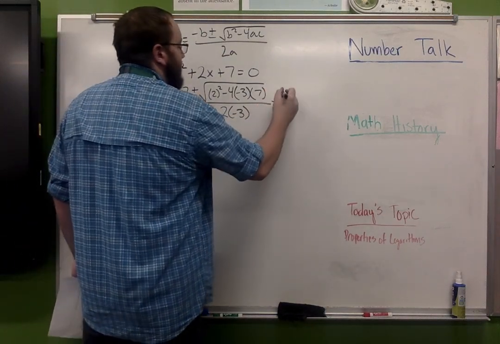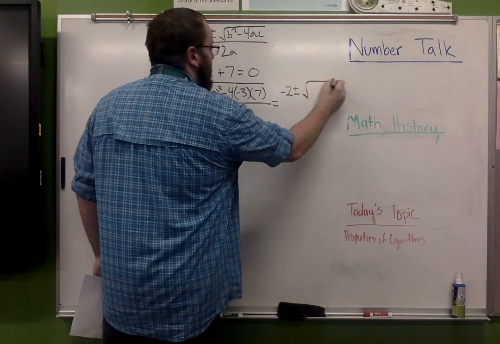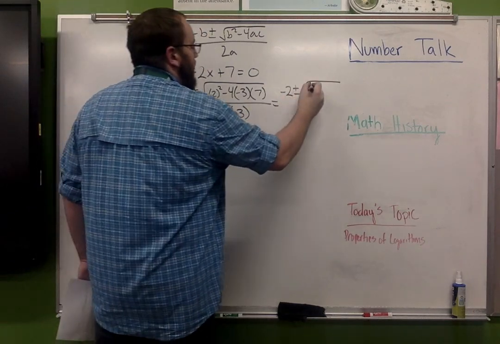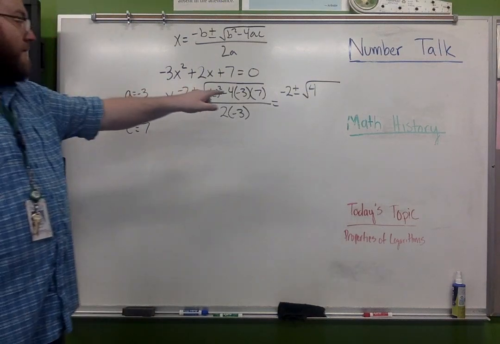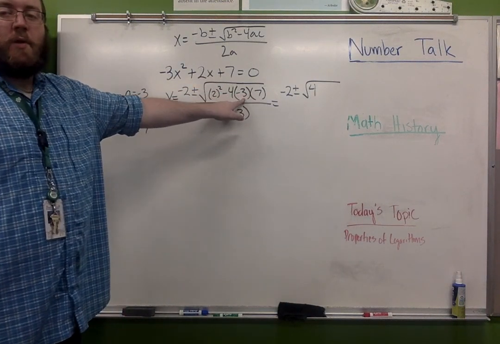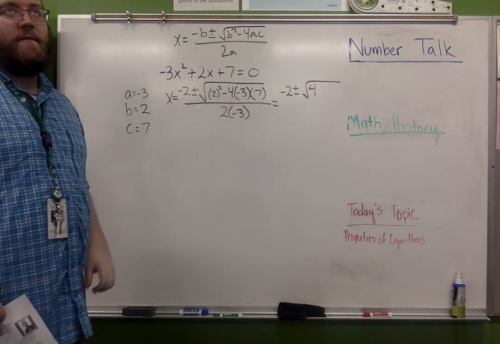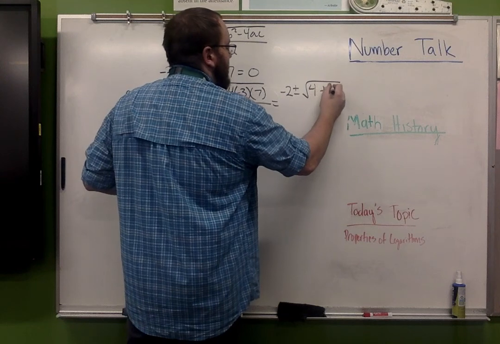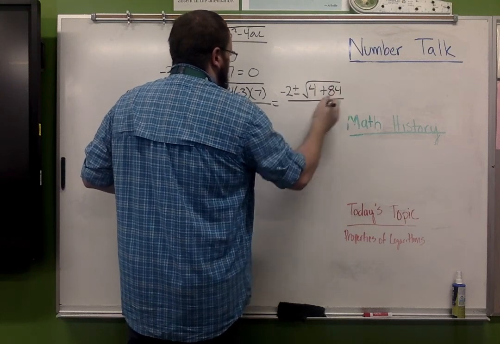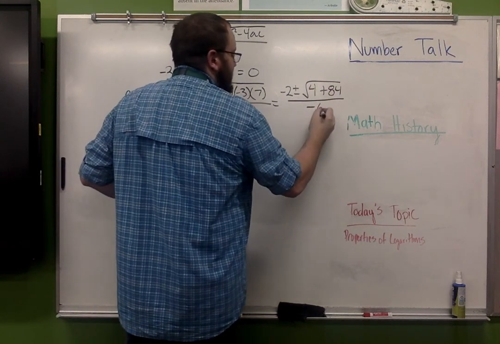Let's simplify. So we have negative 2 plus or minus the square root. 2 squared is 4. Let's see here. 7 times negative 3 is negative 21. Times negative 4 is positive 84. So plus 84. All over 2 times negative 3, which is negative 6.